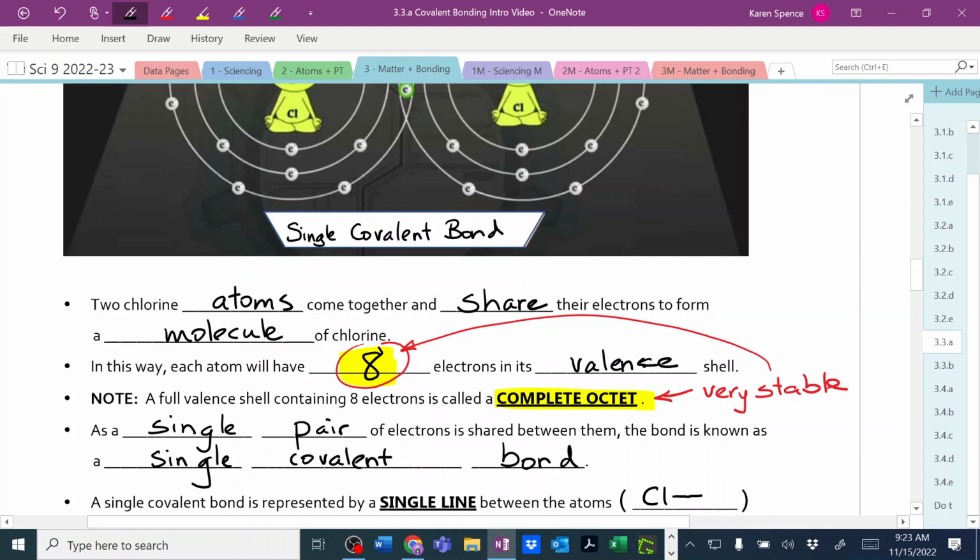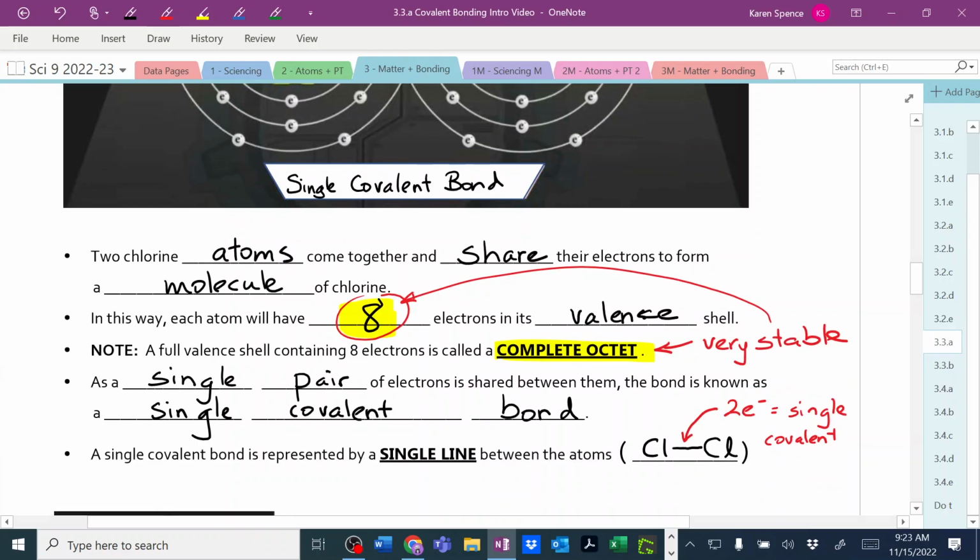Just a line, okay? Those 2 electrons there represented by the line are a single covalent bond.